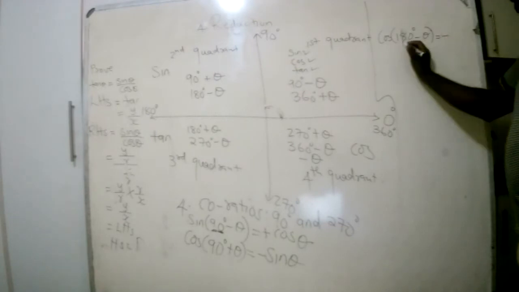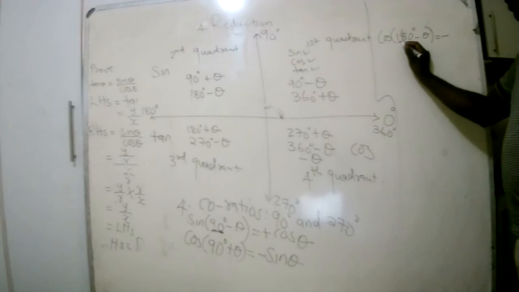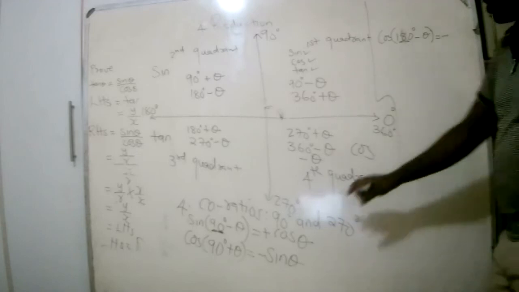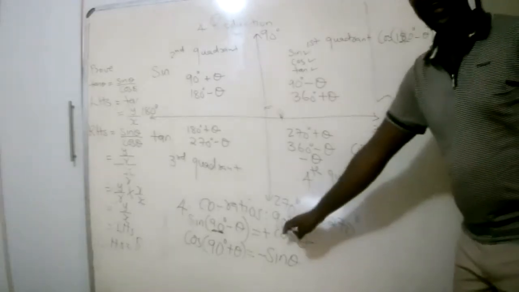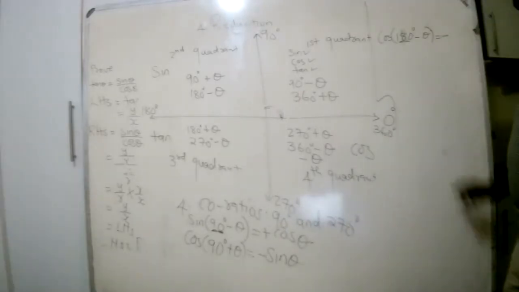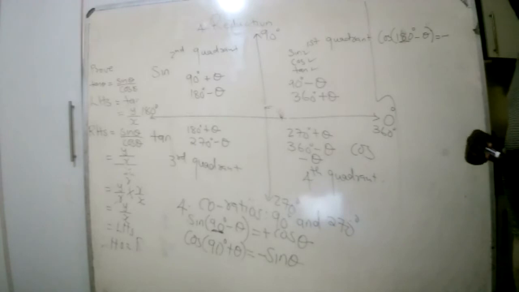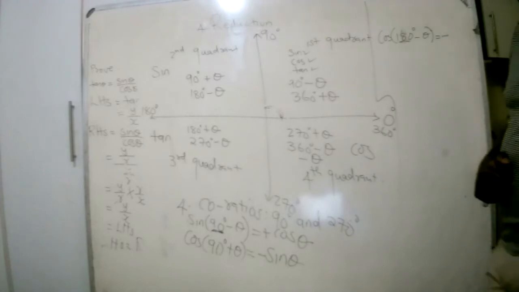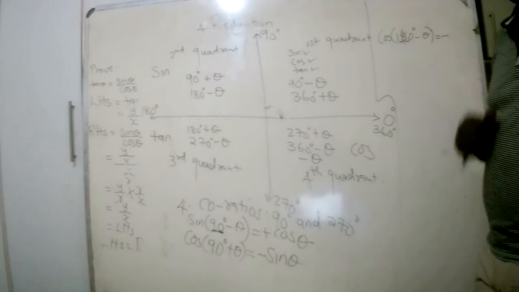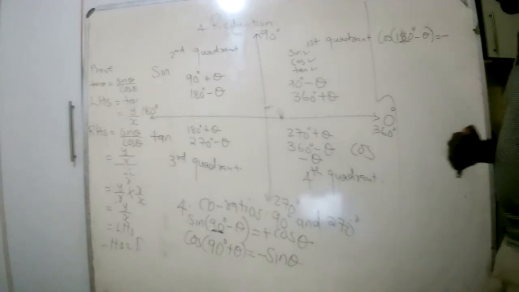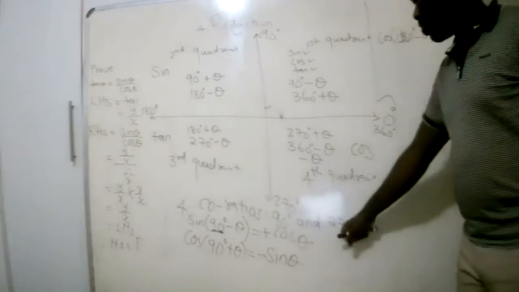And then after having that, we check here. Do we have a co-ratio in this case? Is 180 a co-ratio or not? Remember, co-ratios are 90 degrees and 270 degrees.